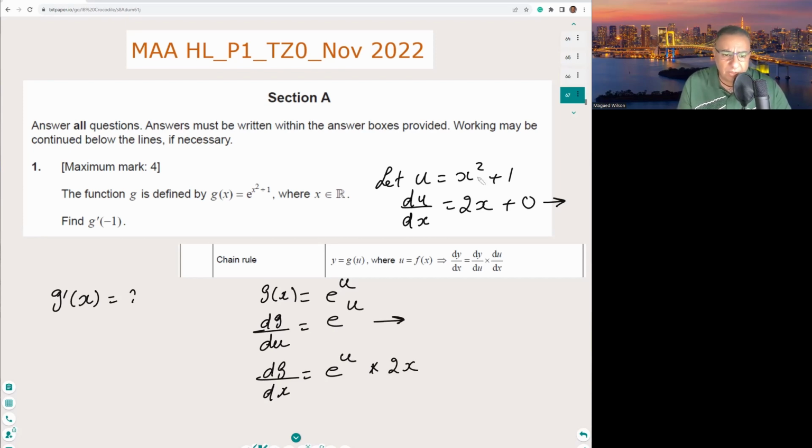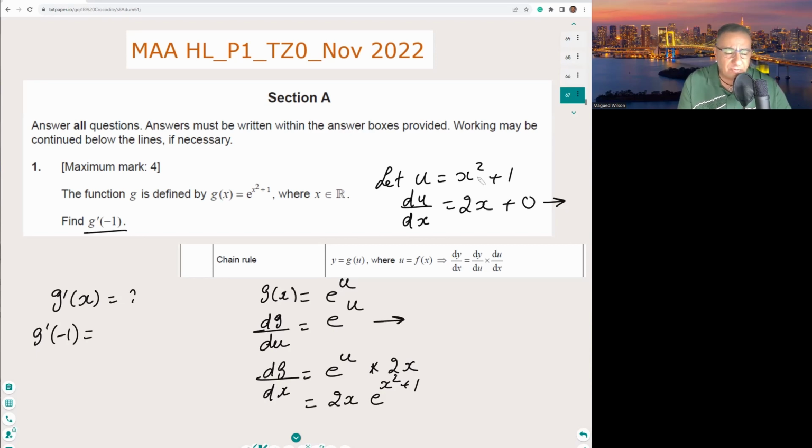At the end of the day, we have to replace u by its value. So g prime of x is going to be 2x multiplied by e to the power of x squared plus 1. Now once we have an expression for g prime of x, we can find g prime of -1 just by substituting into the expression.